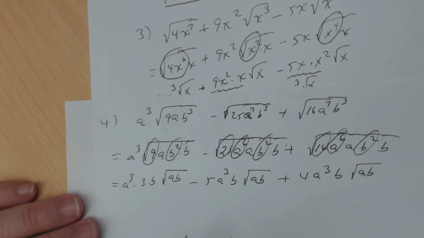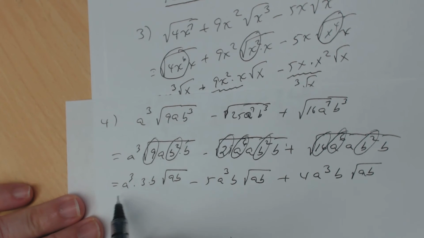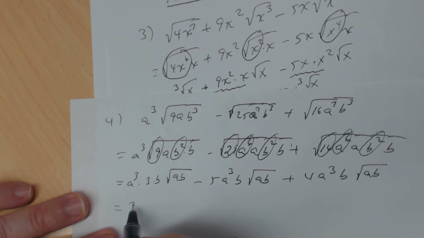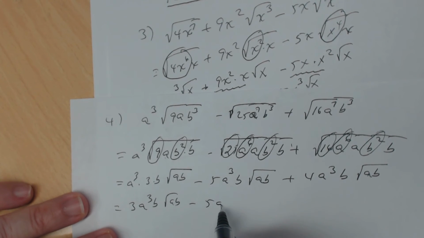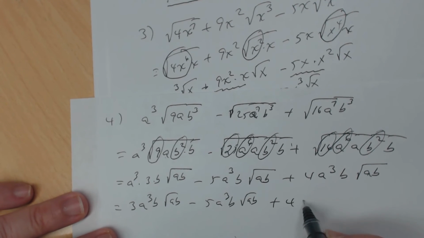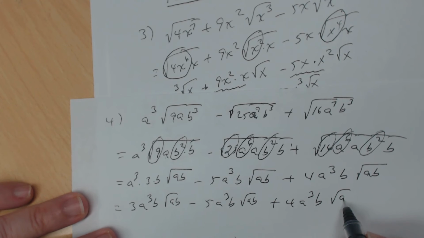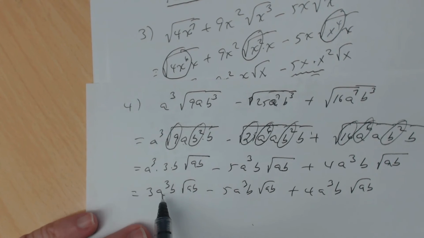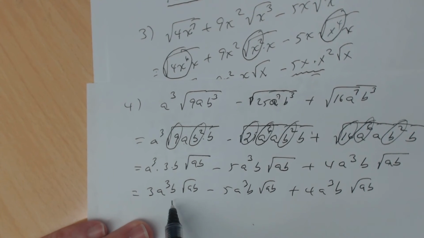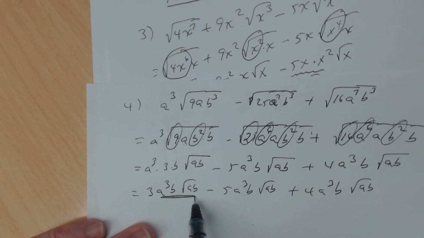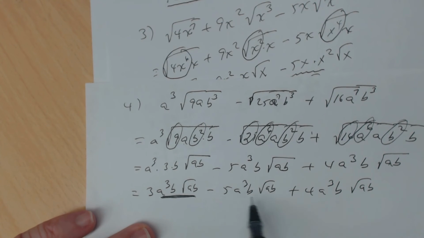I can go ahead and rewrite this with the 3 in front, so that's going to be 3a cubed b square root of ab minus 5a cubed b square root of ab plus 4a cubed b square root of ab. And again, notice that all of these terms are like terms because they all have a cubed b square root of ab.